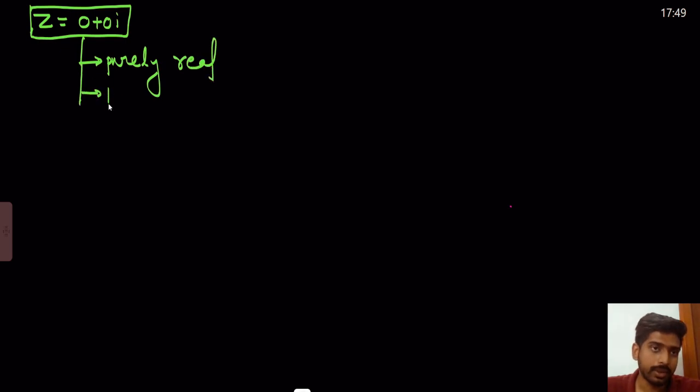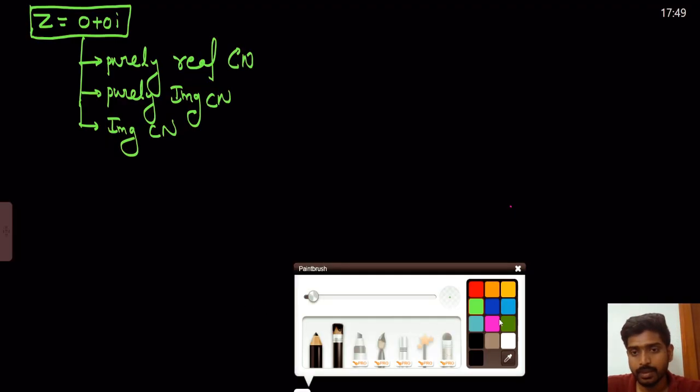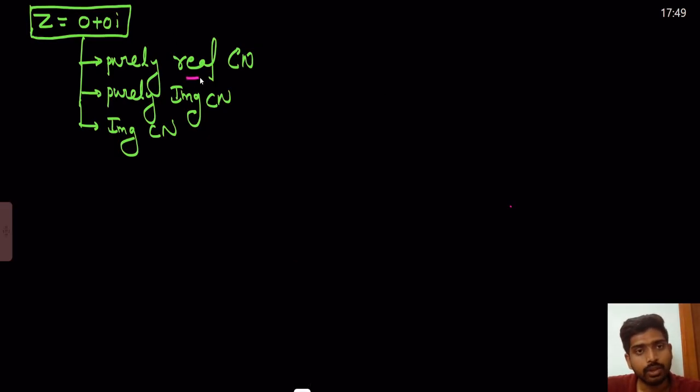The imaginary part is zero, so it is a purely real complex number. Next, what is the condition for purely imaginary complex number? The real part should be zero. Here in this complex number, this satisfies the condition of purely imaginary also.